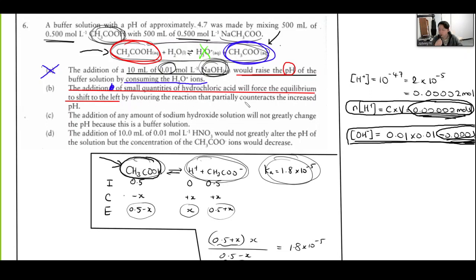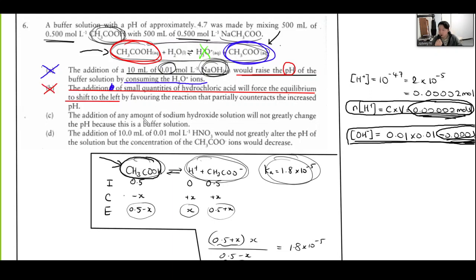But from here it doesn't make any sense to me. By favoring the reaction, because when you are adding hydrochloric acid, that doesn't increase the pH. That's trying to decrease the pH, right? Yeah, so this doesn't make any sense to me.